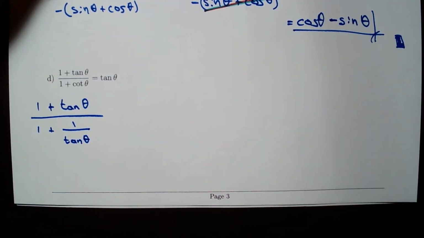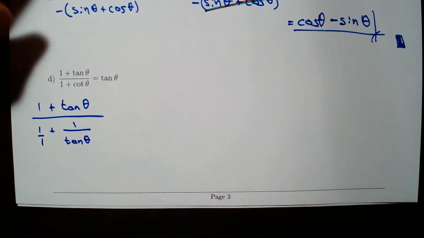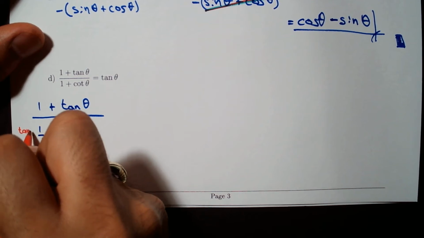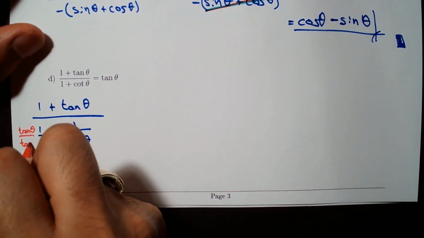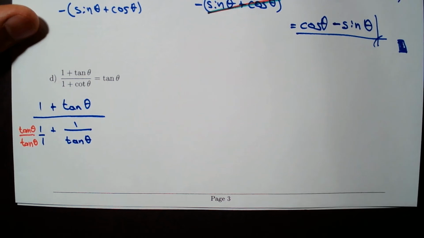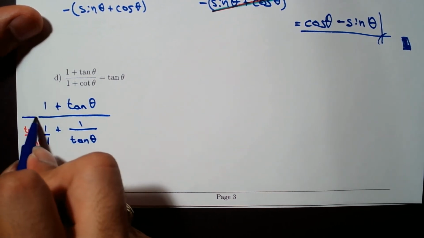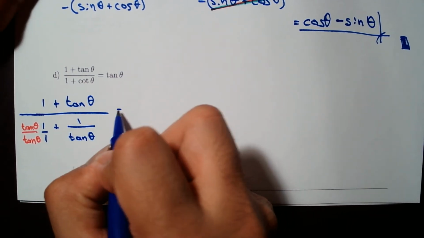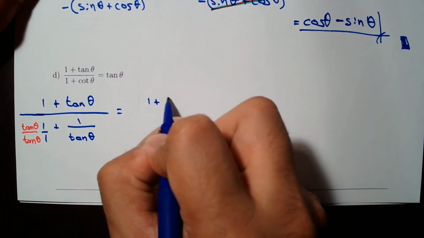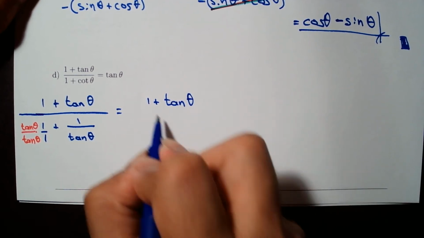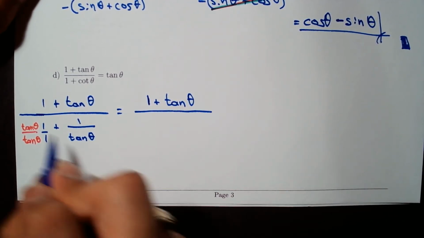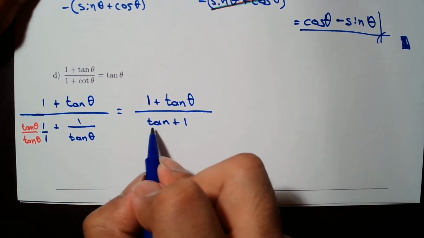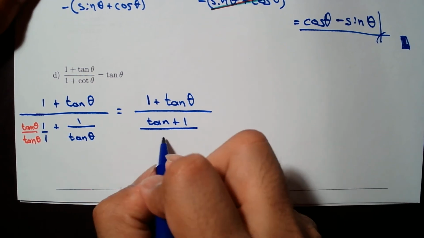Then I'm going to consider this as 1 over 1 and multiply and divide by tangent, in order to combine these two fractions into a single fraction. So the numerator remains the same, 1 plus tangent, and the denominator becomes tangent plus 1, divided by tangent.